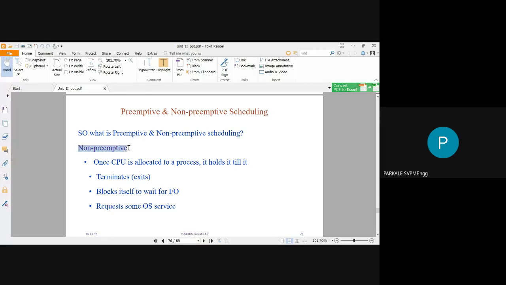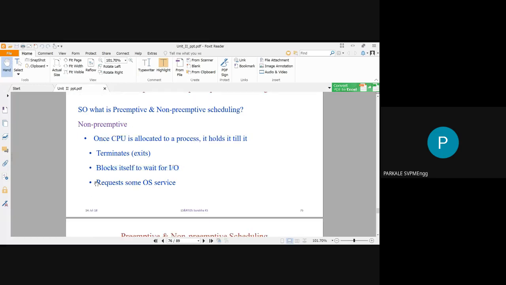Non-preemptive type of scheduling is nothing but once the CPU is allotted to a particular process, it holds it until it is completed, or until it is terminated, or until it blocks itself to wait for input/output, or until it requests some OS service.